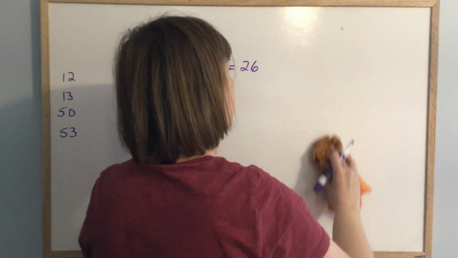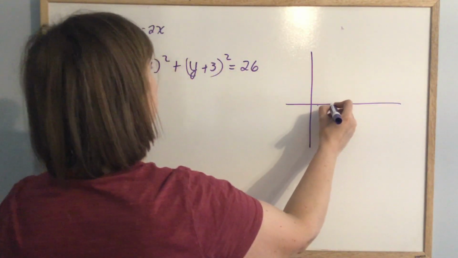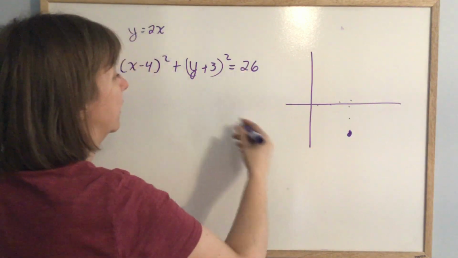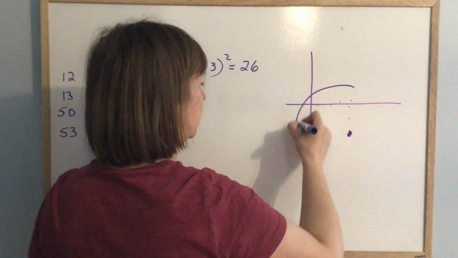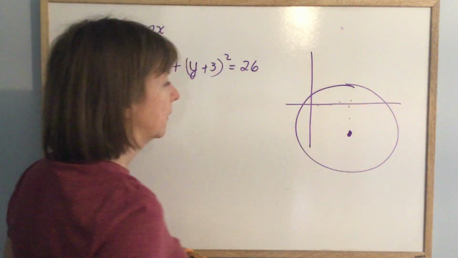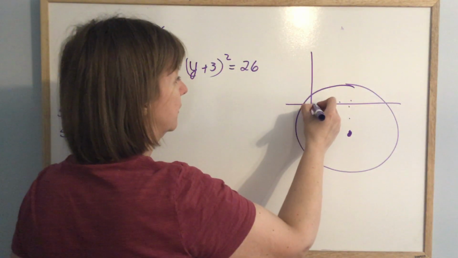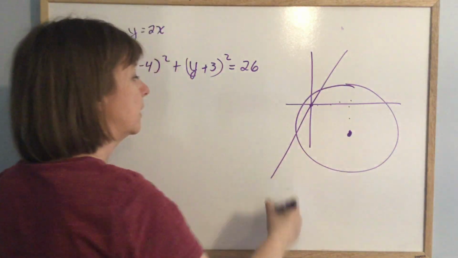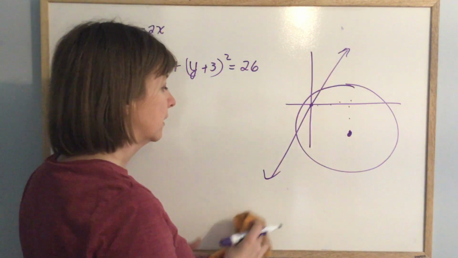Let me put the line over here a little bit. So 1, 2, 3, 4, 1, 2, 3. So let's say there. And the radius is like 5.1, so it's going to be just above. So it's here. My slope is y is equal to 2x, so up 2 over 1, so it's going to be a pretty steep line. So I'm looking at something like this.